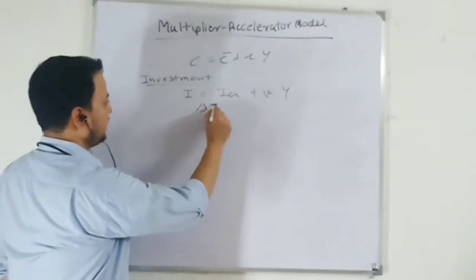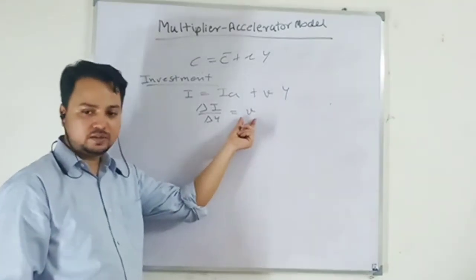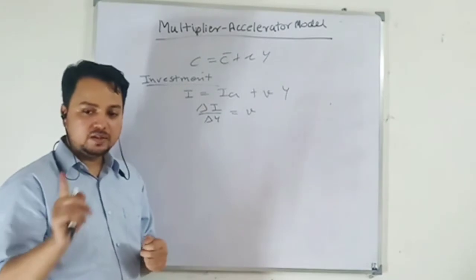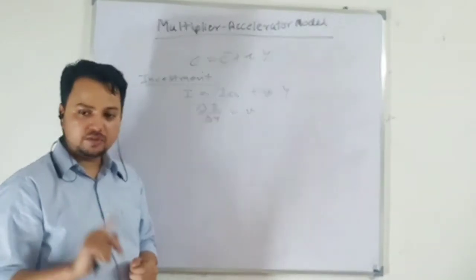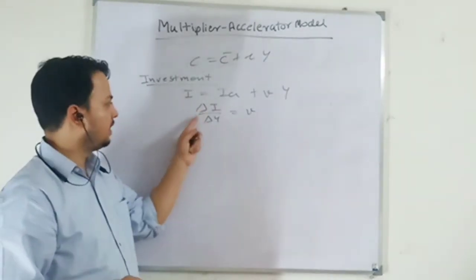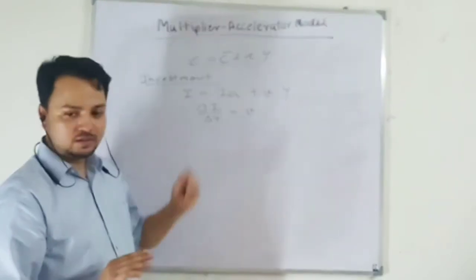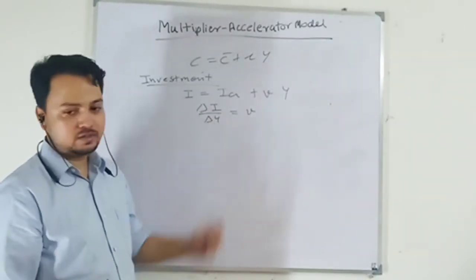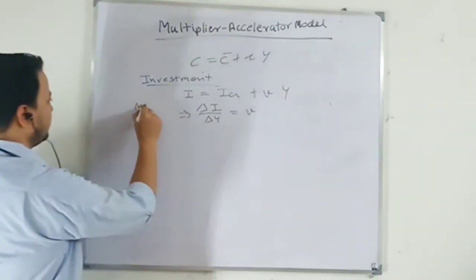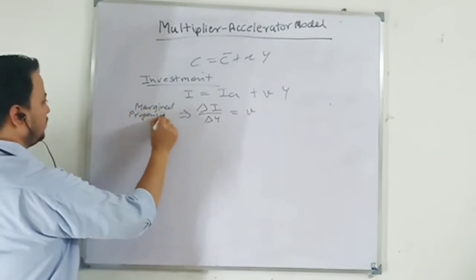Just look at it. Change in investment due to change in income is what? V. V is your accelerator. When your income increases, it will cause an increase in your investment on capital goods. That is why it is called accelerator. Or you can say marginal propensity to invest. Remember Keynes's marginal propensity to consume? Marginal propensity is a technical term, so you can write that also. So this is also called marginal propensity to invest.